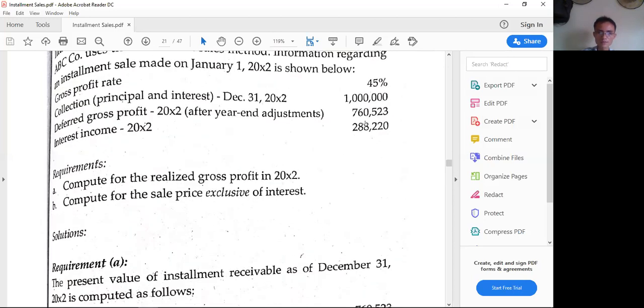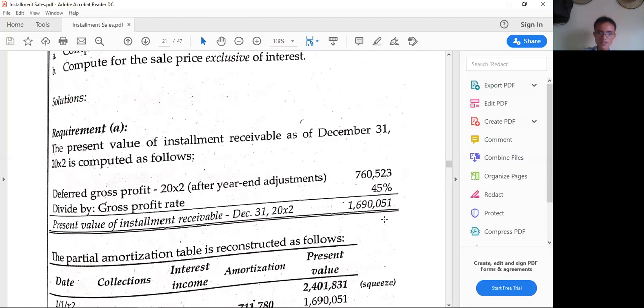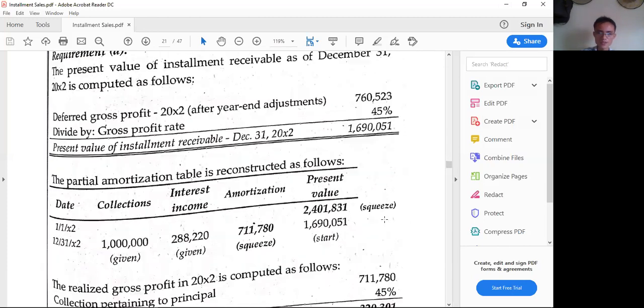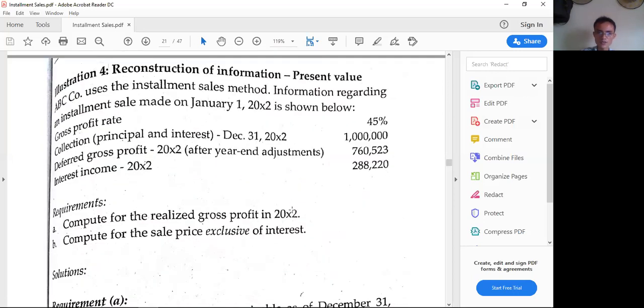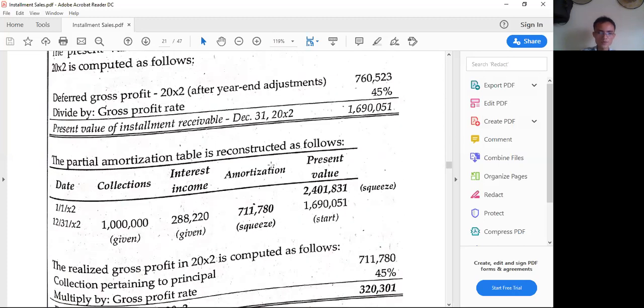Anyway, yeah, that's it. So that's going to be the present value of installment accounts receivable. And then if we plot that on the amortization table, which is partial, there's a word partial because this is just like a year. And the contract is good for how many years? It's not stated anyhow.